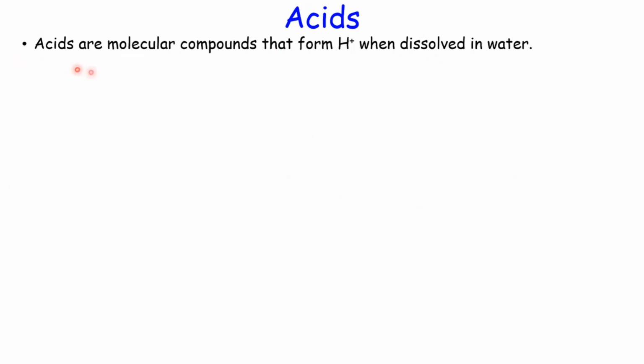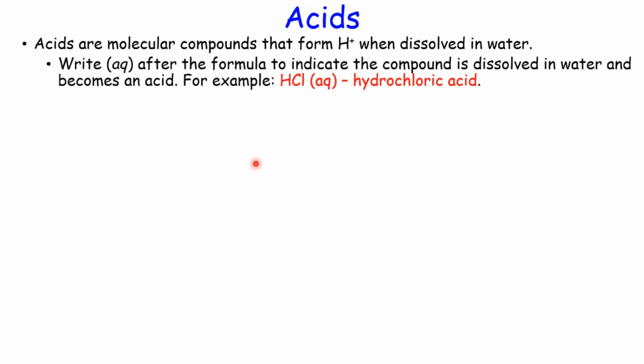Acids. Acids are molecular compounds that form hydrogen ions or protons when they dissolve in water. So it's important you write AQ, which means aqueous. It simply means the substance is dissolved in water.